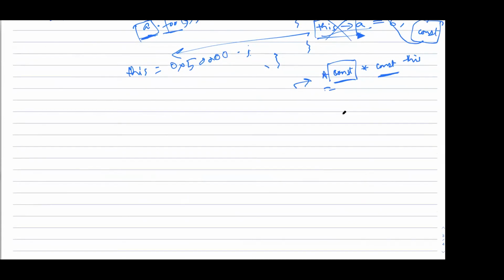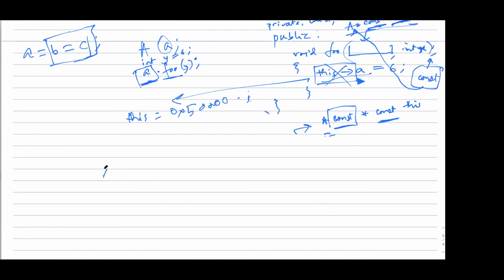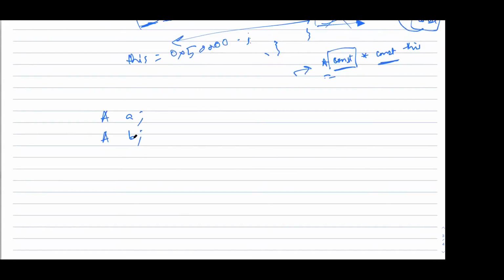Any questions so far? What is the purpose of the assignment operator? Remember the copy constructor question. Suppose you have defined A and B. Here the default constructor gets called, and here another default constructor gets called. Then you do A equal to B. Here, what is going to be called?